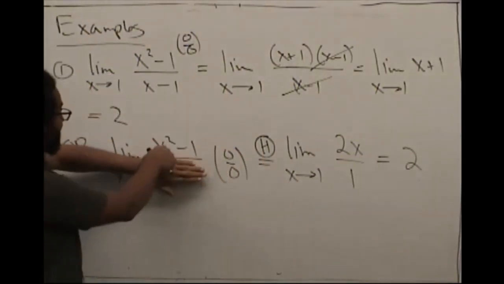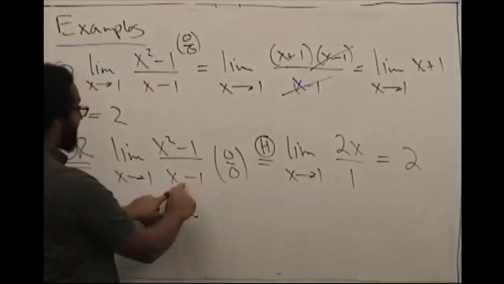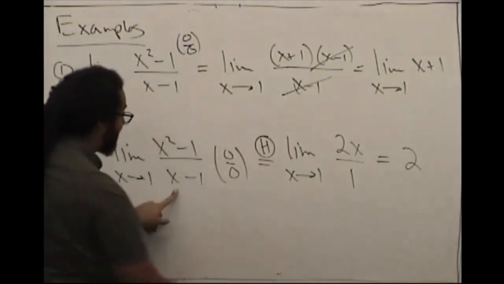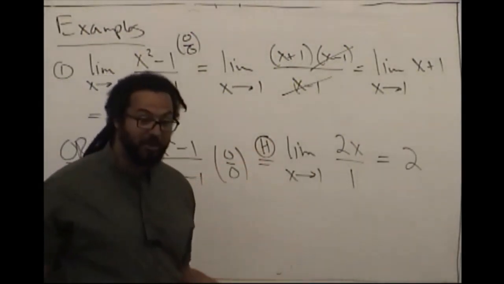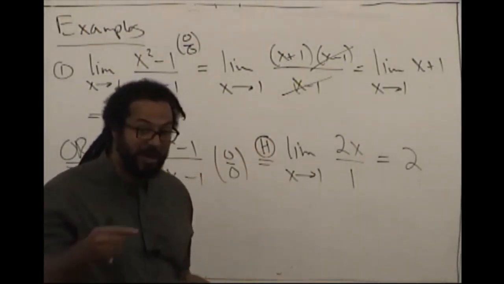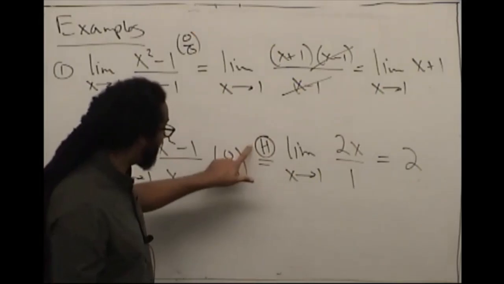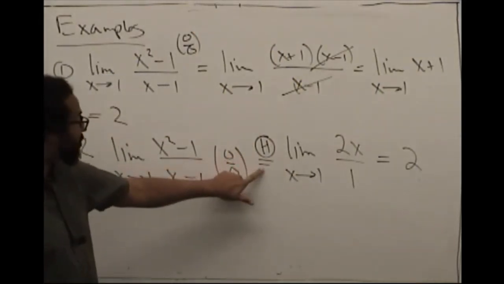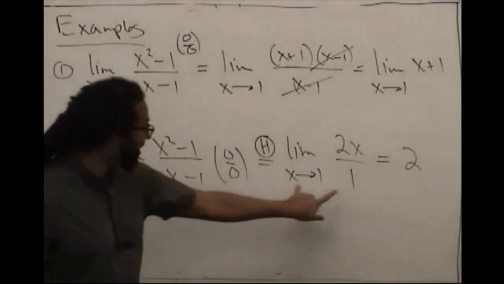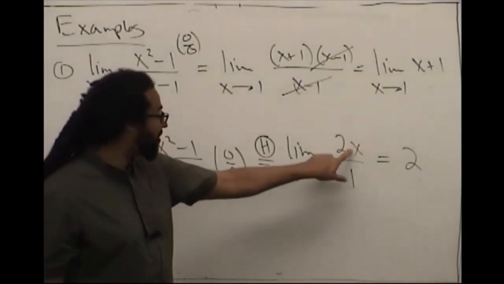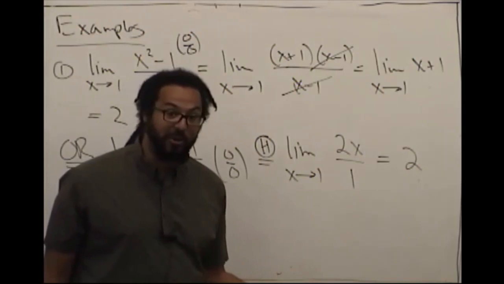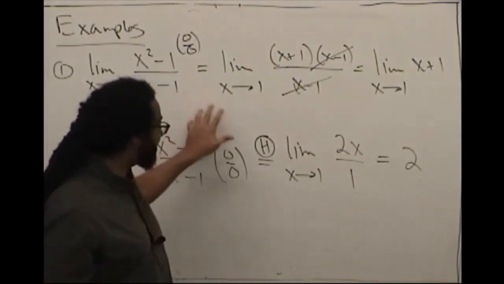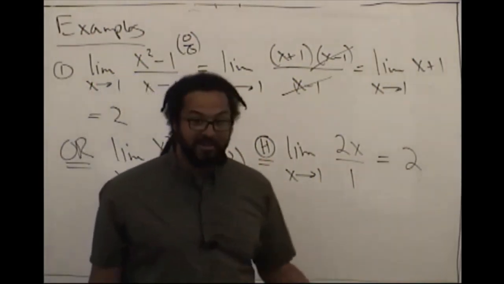The derivative of the top is just 2x. The derivative of the bottom is just a 1. And so by L'Hopital's rule, I'll put a little h for L'Hopital, I know this limit is just equal to this limit. So certainly you can just plug in a 1 and you get a 2, right? That's fairly straightforward. So maybe we get the feel here that this L'Hopital's rule actually works.